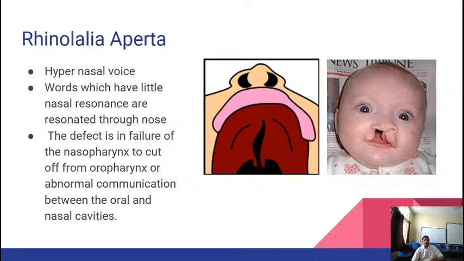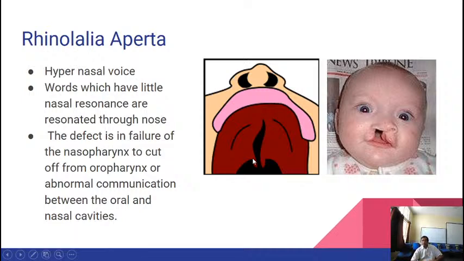And rhinolalia aperta is the other condition, the reverse, wherein the nasal cavity is directly connected with the oral cavity, and so there is a high resonating chamber. This produces a voice particularly seen in cleft palate, and sometimes in velopharyngeal insufficiency and soft palate fibrosis.